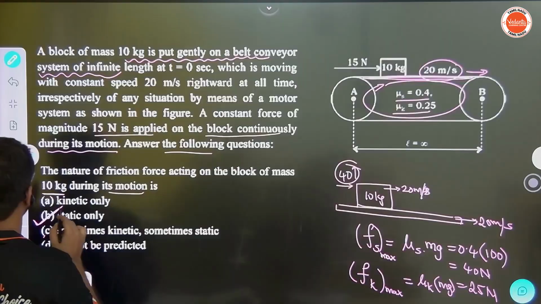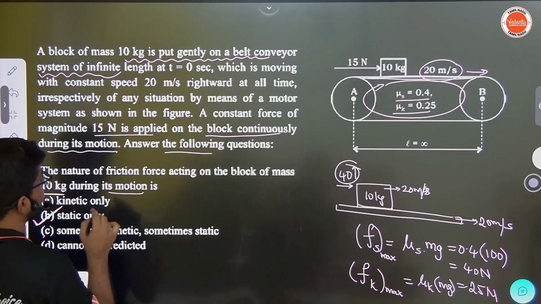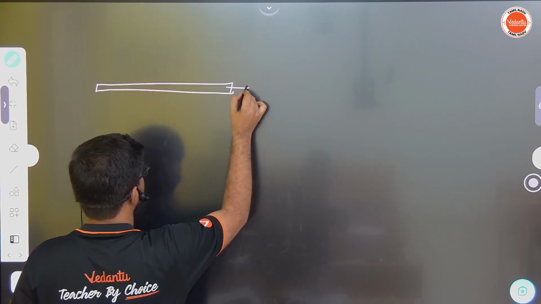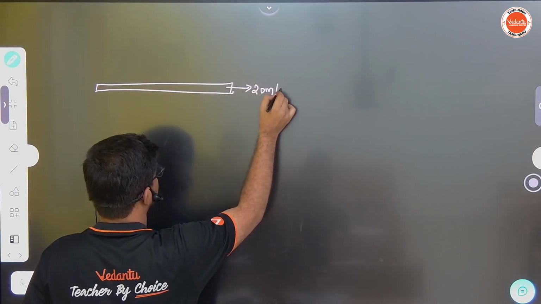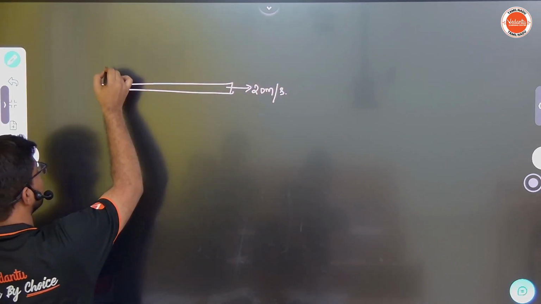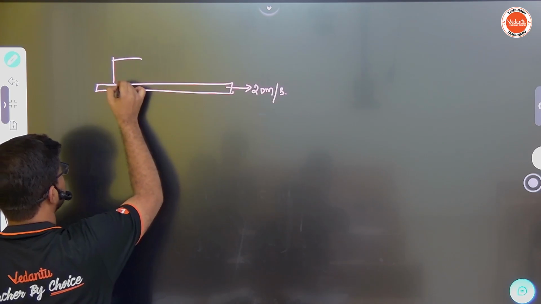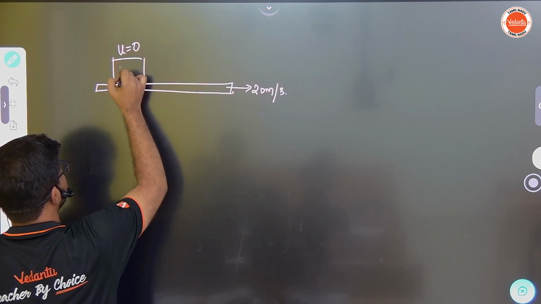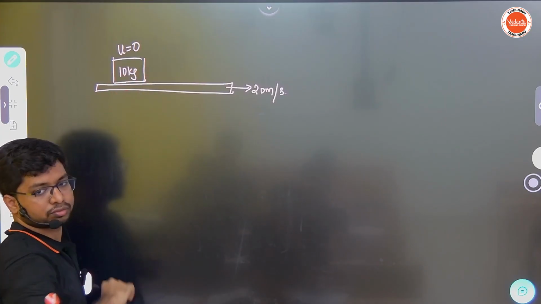If you just gently put this one, look over here. This is a platform which is already moving with 20 meters per second. So if I just gently put this, that means its initial velocity is 0, right?